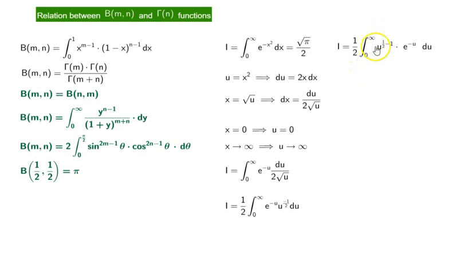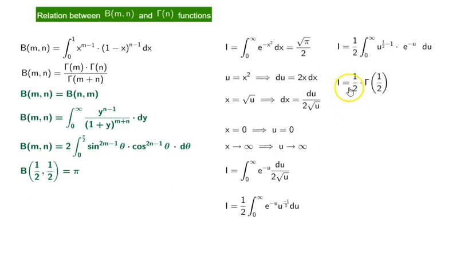Now, do you recognize this integral? You have the integral from 0 to infinity. That means it is not the beta function. u to the power of n minus 1 times e to the power of minus u. So this is our gamma function. Gamma of what? Gamma of 1/2.